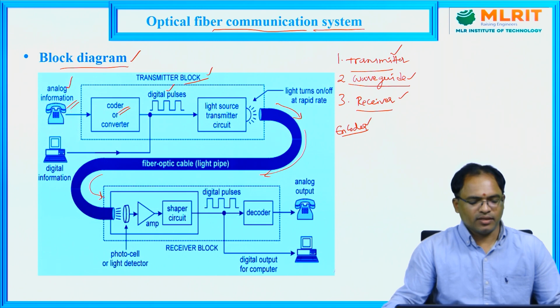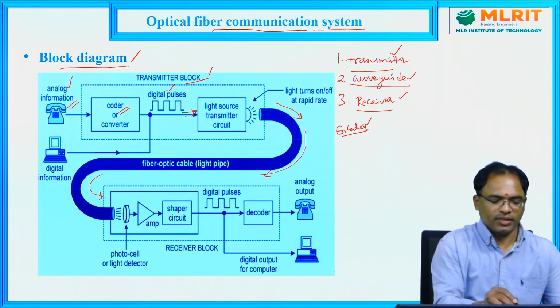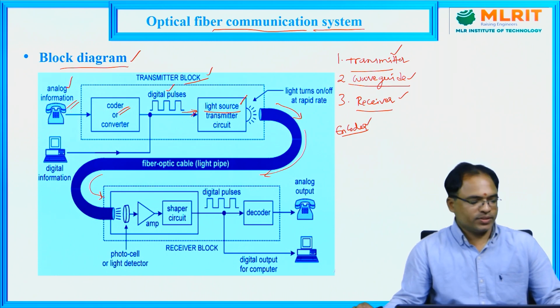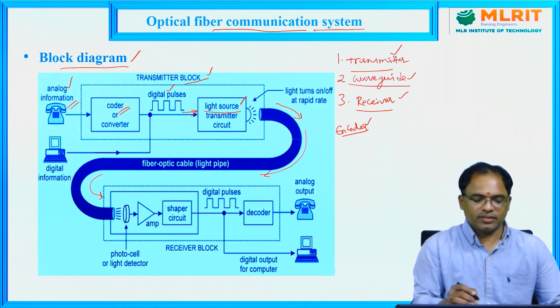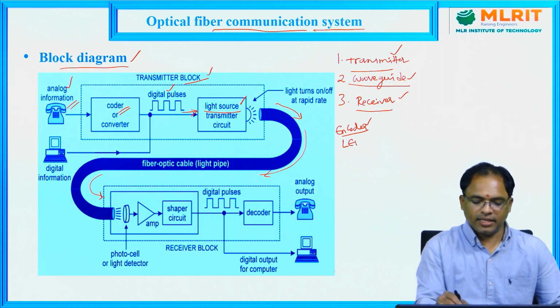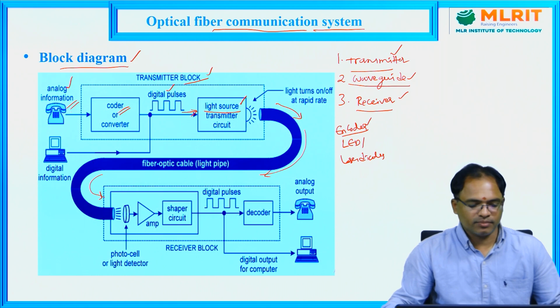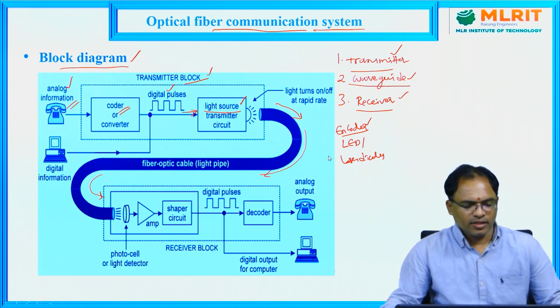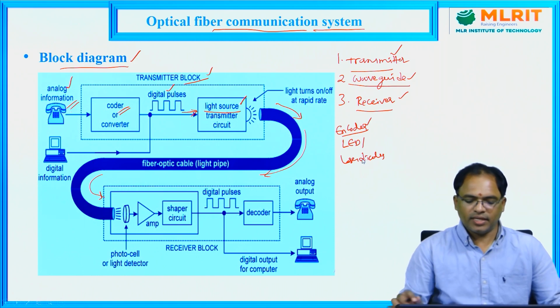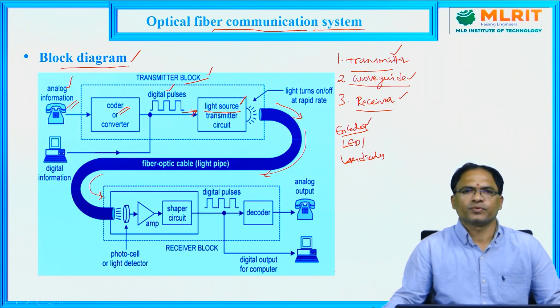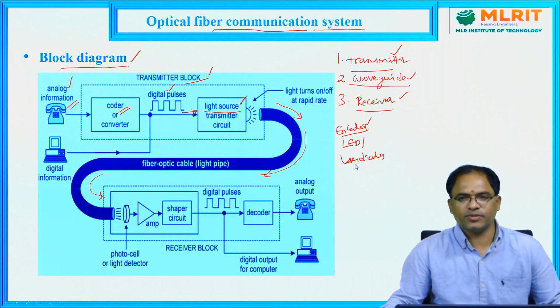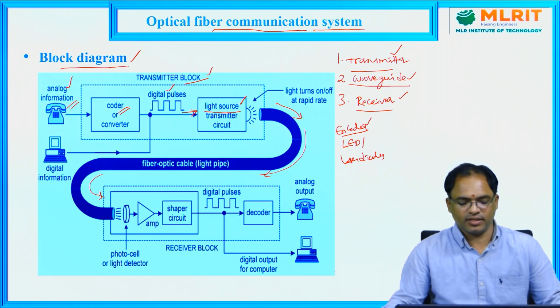After that, these digital pulses are fed into the light source. In the transmitter block, in the place of the light source, either LED or laser diodes are used. Most of the time the LED emits light in the visible region. Sometimes it also emits light in the invisible region, that is infrared rays.